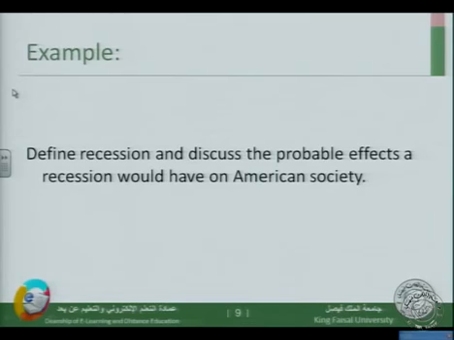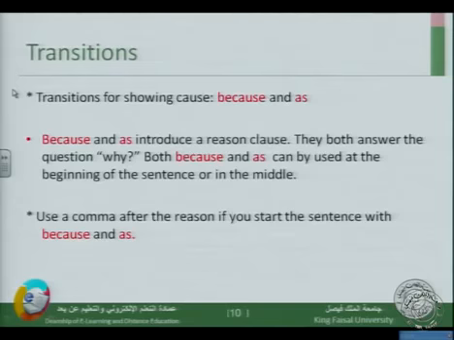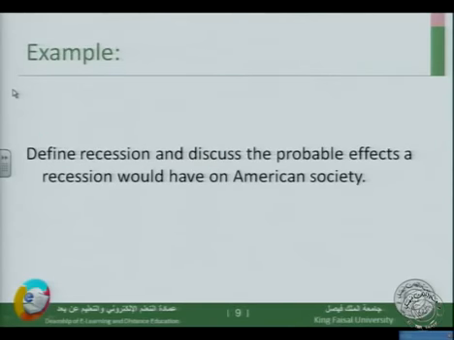A recession is an economic term meaning economic stagnation. So this is an example, and this is one of the examples you can write about in a cause and effect essay. You first need to define what a recession is, why it happens, and what the results of this recession are.